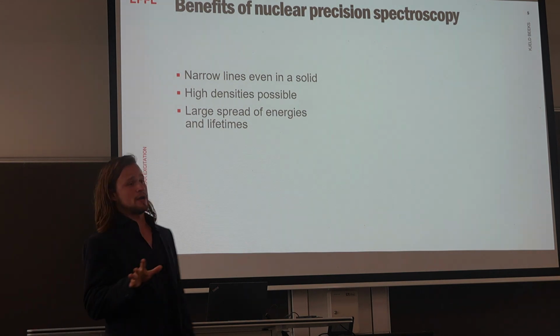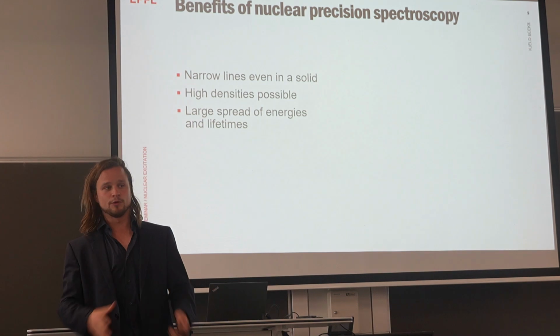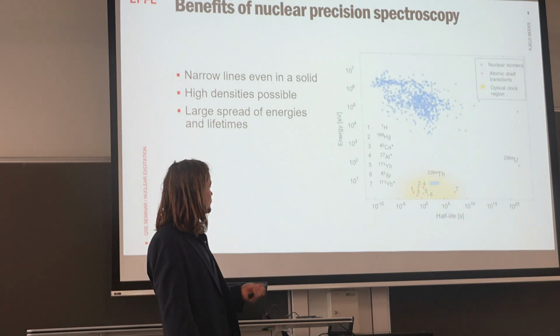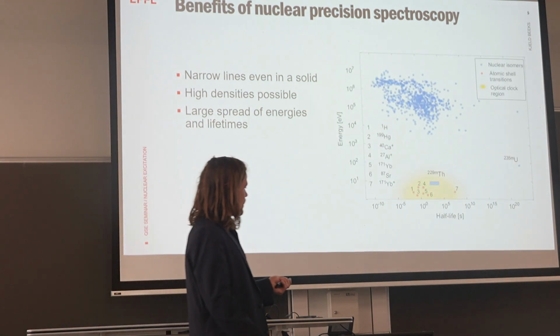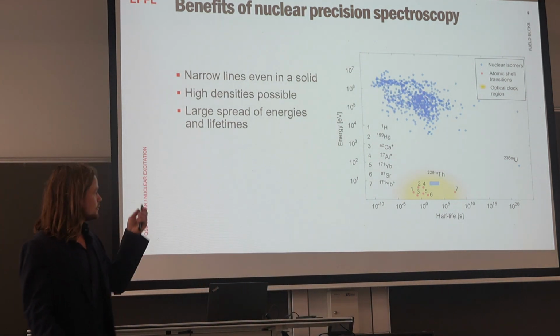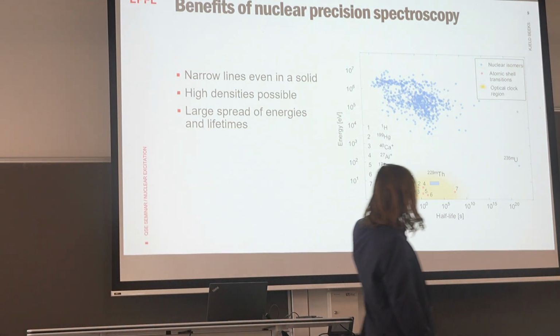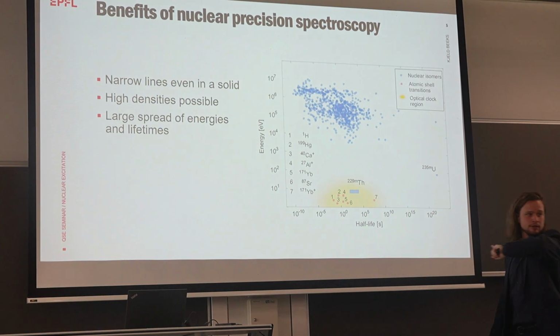There's a large spread of energies and lifetimes if I look at all the isotopes, which have all their different nuclear structures. So for example, an image here shows you on the horizontal axis the half-life of the excited state, and on the vertical axis the energy of that state. And there's a couple of red dots here, these are well-known clocks, basically.